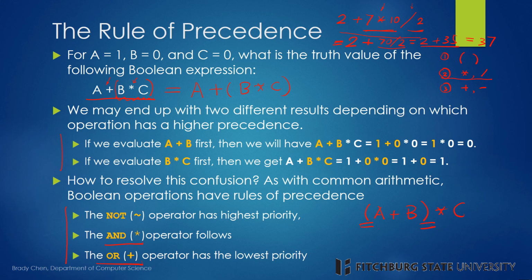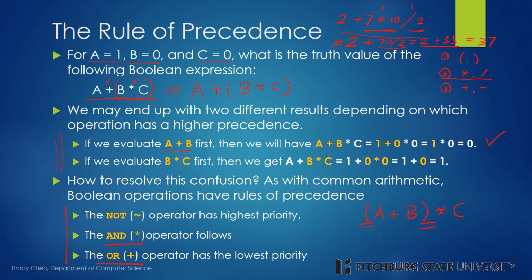So here's the example, right? If we actually take a value like A equals 1, B equals 0, C equals 0. Now if we evaluate the OR operation A or B first, and then evaluate the AND operation later, then you got the result 0.